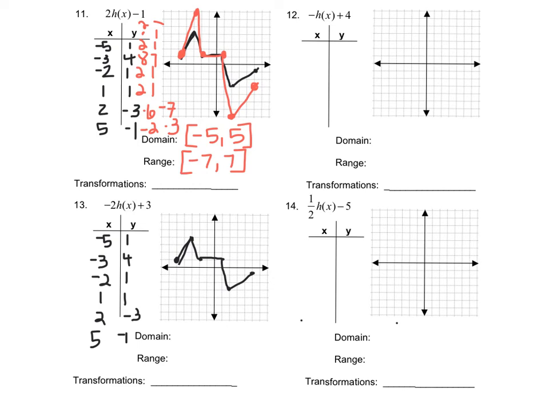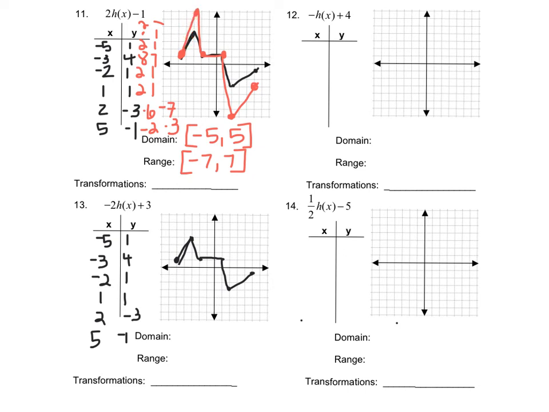The transformations, I can see it was stretched. I can also see it was shifted down from here, down. Now here's the thing that's hard to see from this. This looks like I was shifted up, but remember the first thing I did was stretch this, so it actually stretched up to 8, and then I brought it down 1.